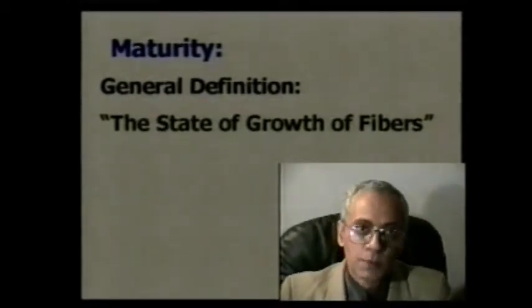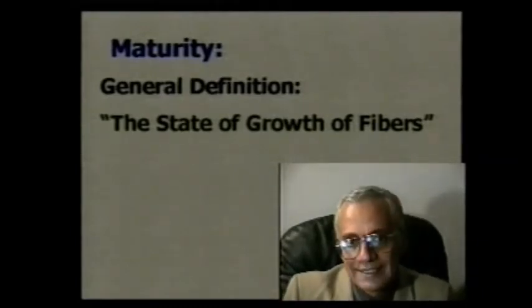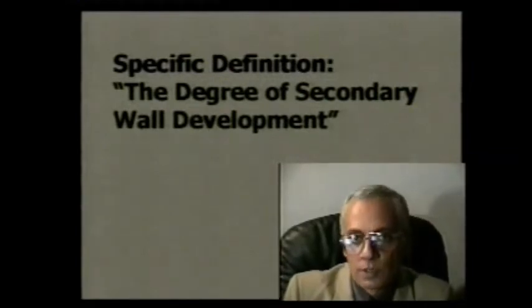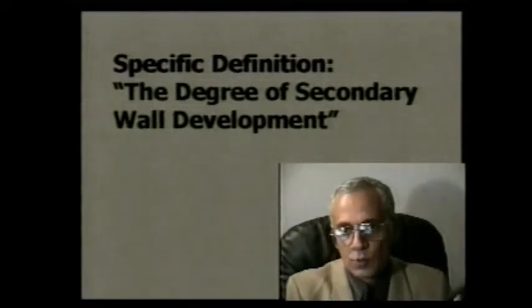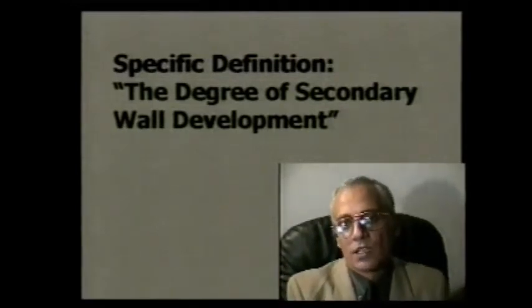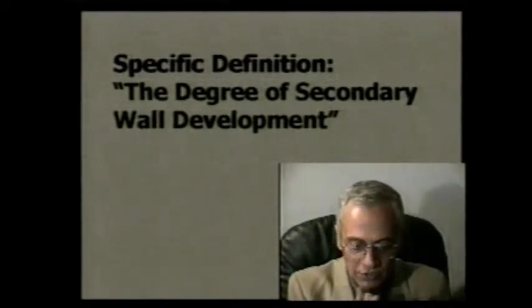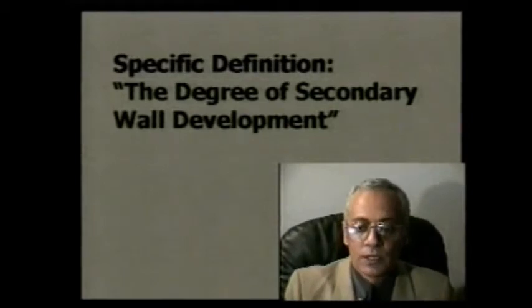And theoretically speaking, the fundamental definition of maturity that has been used is the degree of secondary wall development. Remember, we said primary wall developed first, and the length has to be completed, and then the secondary wall developed after that, where the fibers start to thicken.